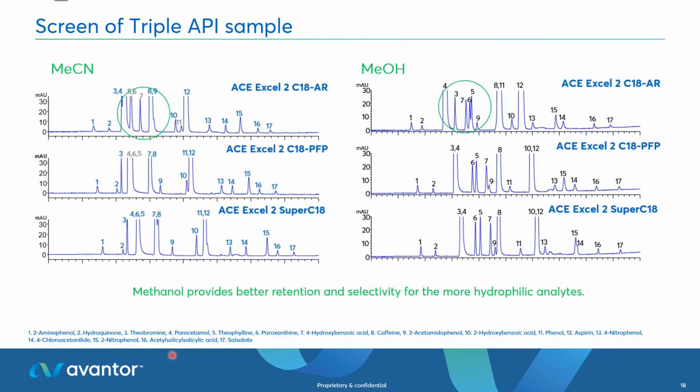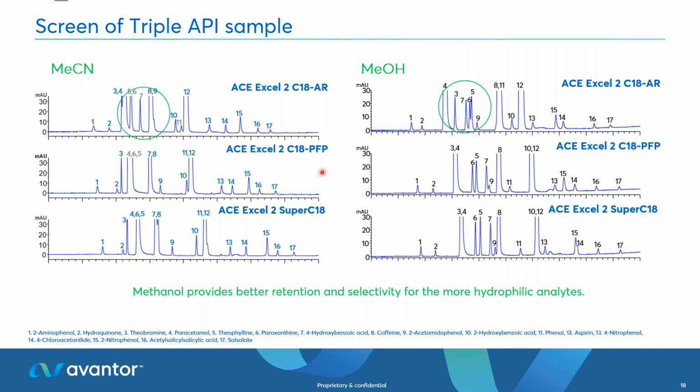A more complicated example here had 3 APIs in the mixture, so you've got some really heavily overloaded peaks. You've got lots of critical peak pairs, but switching between acetonitrile and methanol, even on the same column, you can see significant differences in alpha.